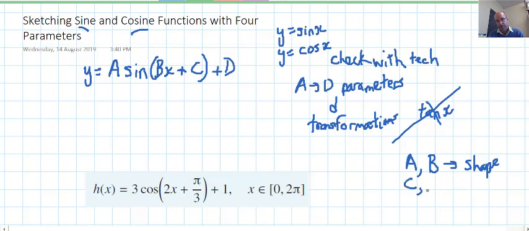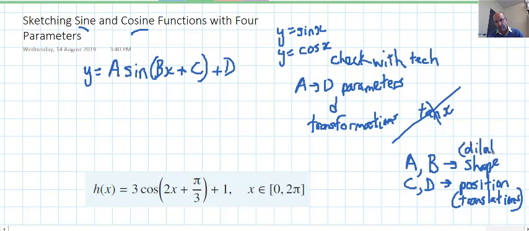C and D affect the position of the points. So it'll be to do with translations. So translation and dilation. Hopefully you can link that to some other functions if you looked at.